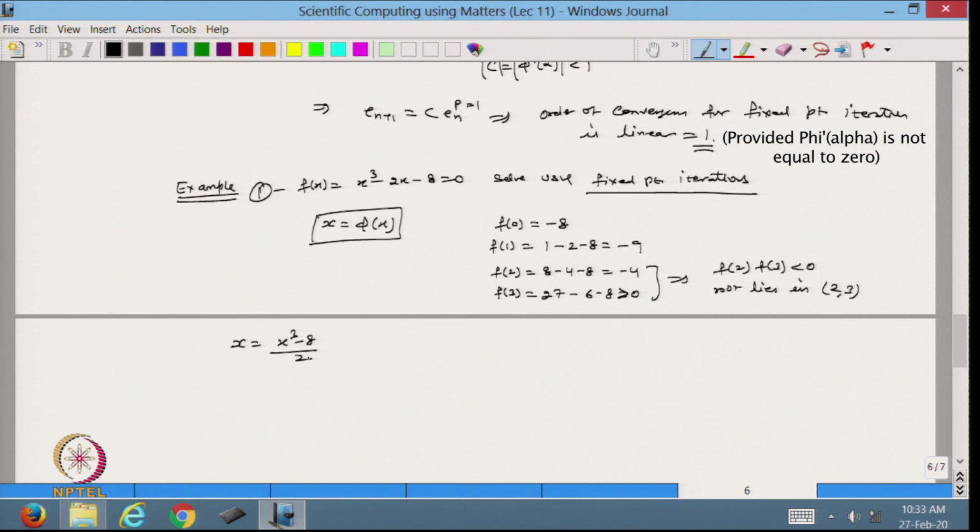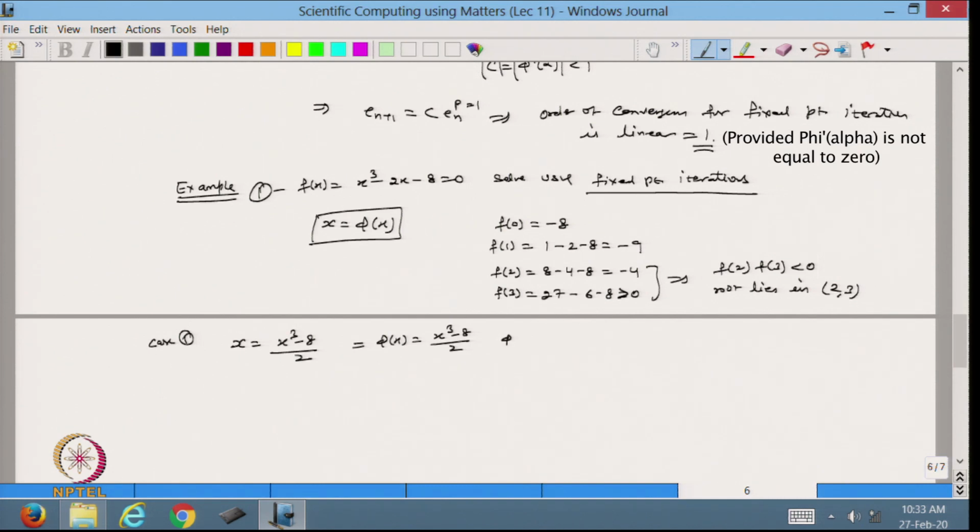So, this is case 1. I can write this equation by taking this one on the right hand side, so x cube minus 8 and divide by 2. So, in this case my phi x will be x cube minus 8 by 2.